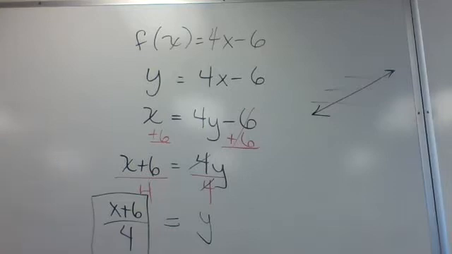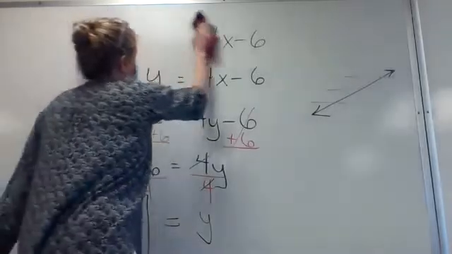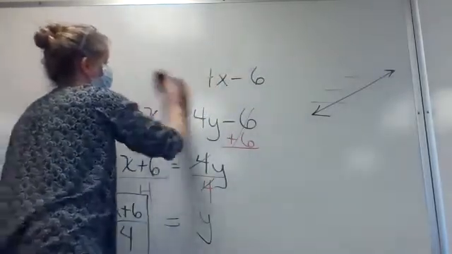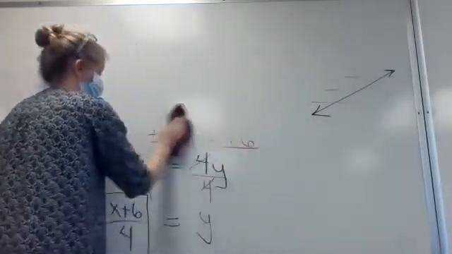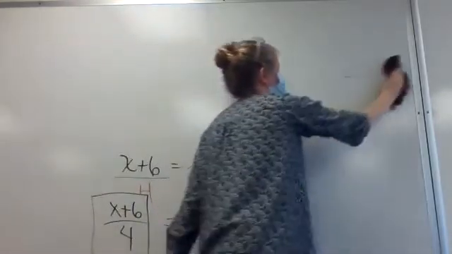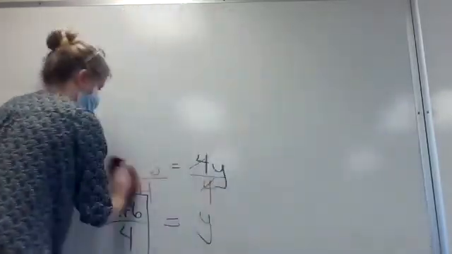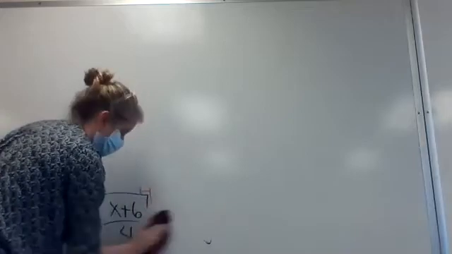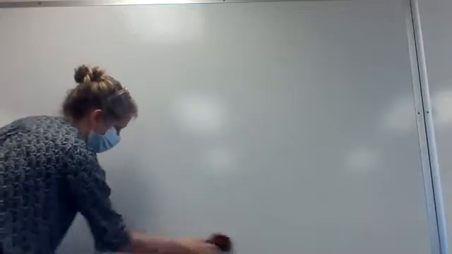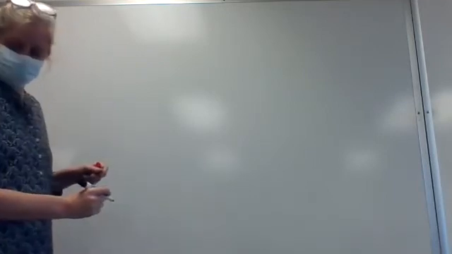All right, number 9, same type of thing. It's going to be a little more difficult to get the new y by itself. F of x equals 3 over x plus 9.